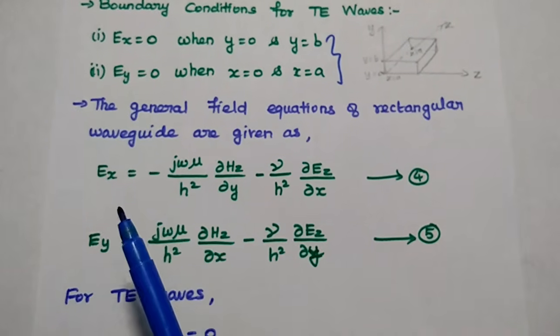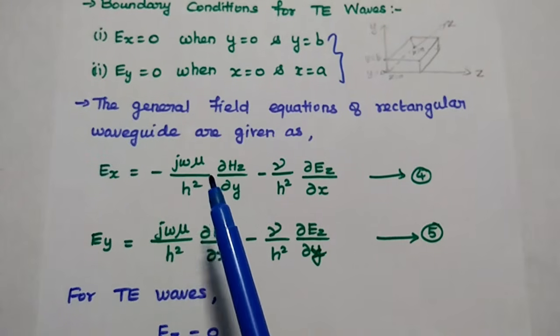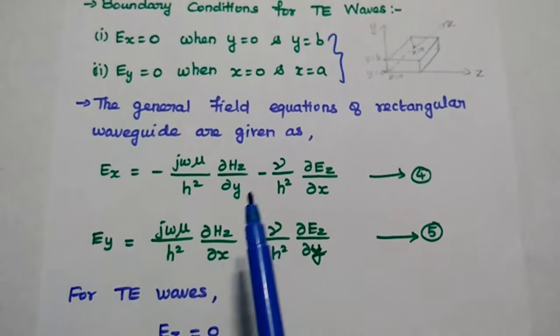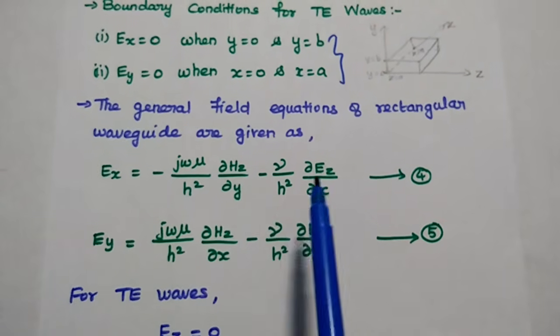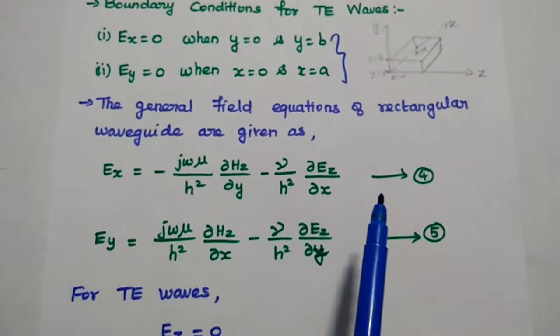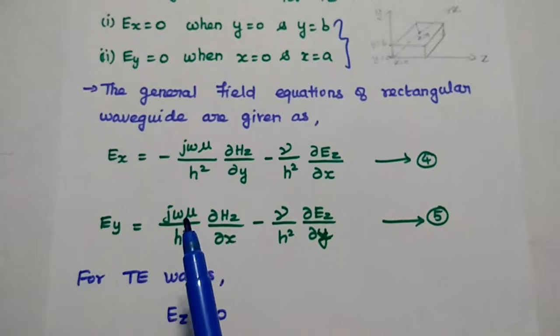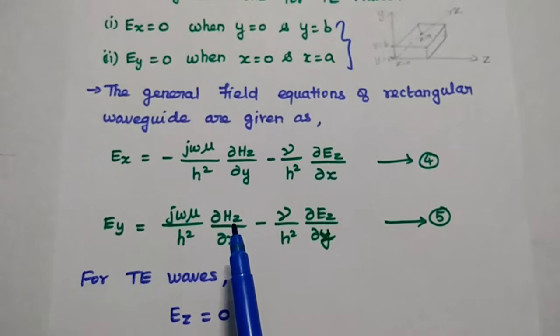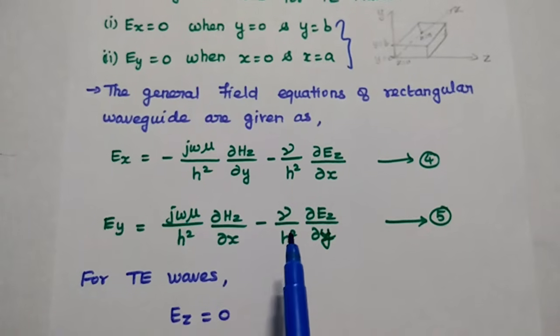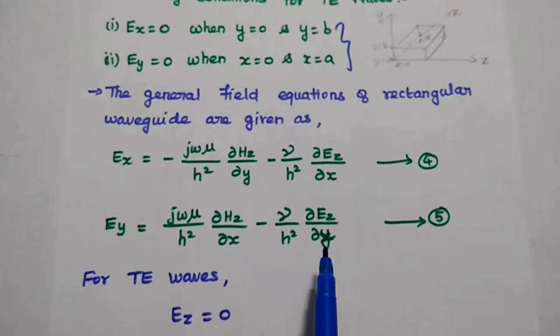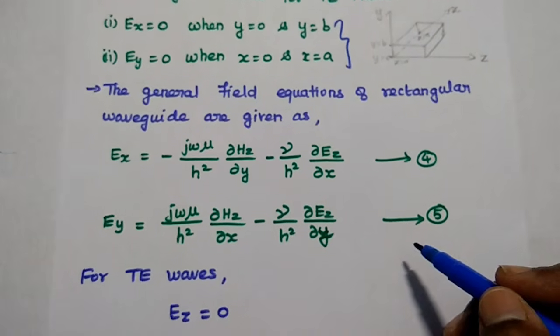Here Ex = -(jωμ/h²) ∂Hz/∂y - (γ/h²) ∂Ez/∂x. Consider this as the fourth equation. Then the Ey component is Ey = (jωμ/h²) ∂Hz/∂x - (γ/h²) ∂Ez/∂y. Consider this as the fifth equation.